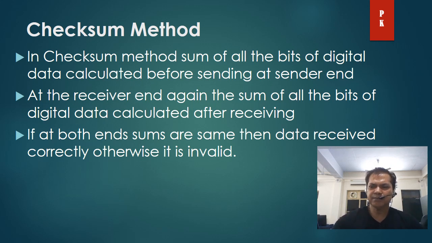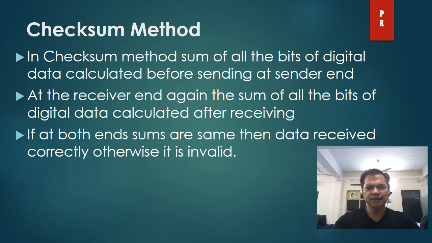In this checksum method, for the sets of data that we want to send from the sender to the receiver, we sum the bits. In binary we have rules to sum the bits, like 0 plus 1 is 1 and 1 plus 1 is 10. 10 means 0 carry 1.